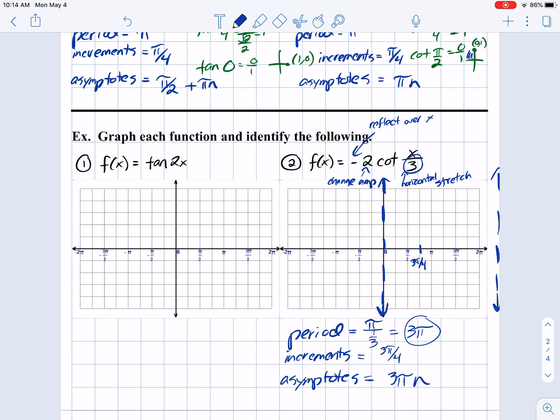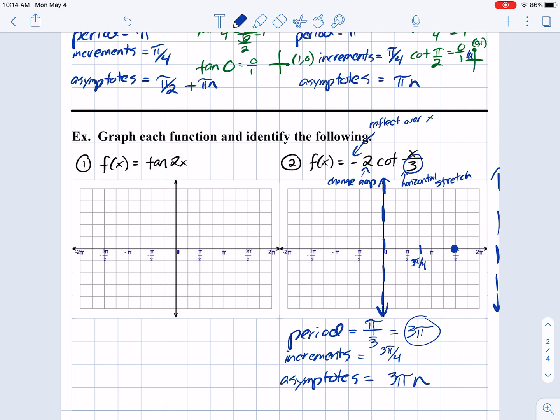And then if our increments are 3 pi over 4 and our stretch is 2, remember right in the middle of 3 pi and 0 is going to be our point on the x-axis. So that would be right here at 3 pi over 2. I know it doesn't look like that in the middle, but because I'm shifted over a little bit too far, I ran out of room.